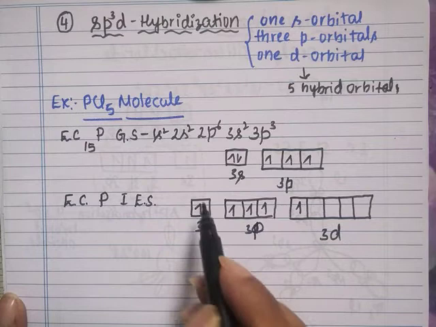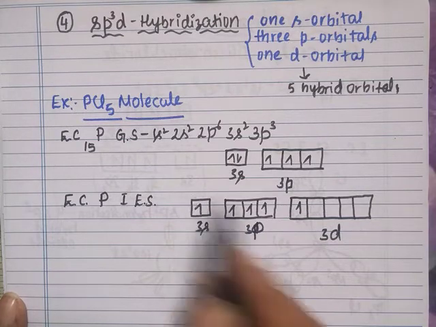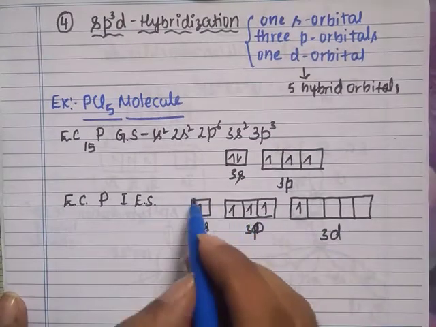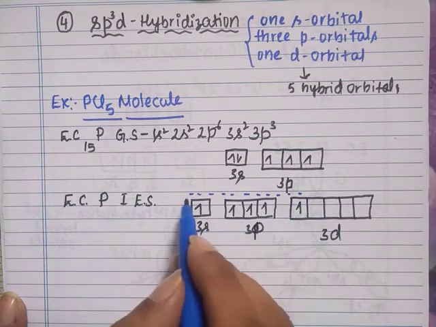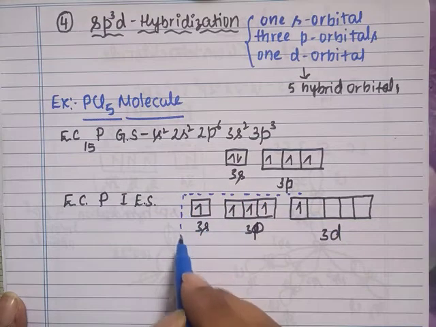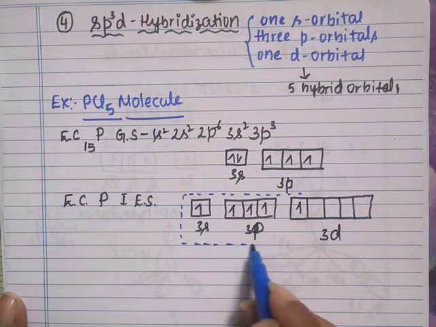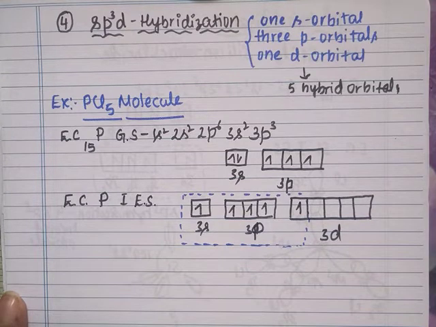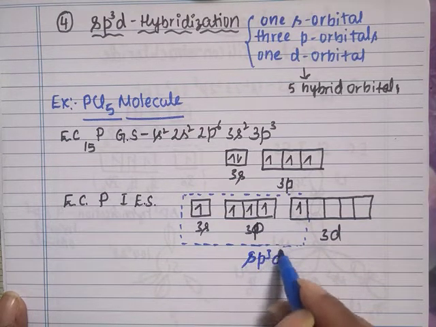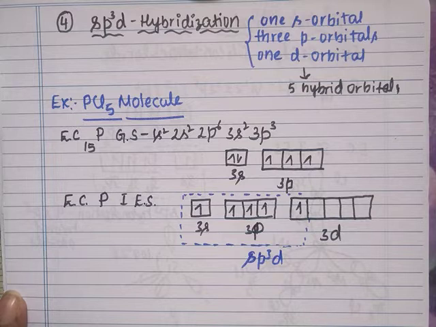Now the phosphorus will undergo sp3d hybridization. That means the 3s orbital, the 3p orbitals and one 3d orbital undergo sp3d hybridization.